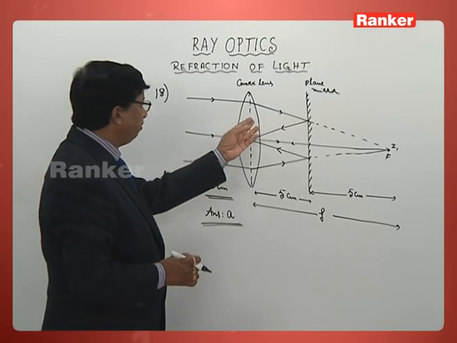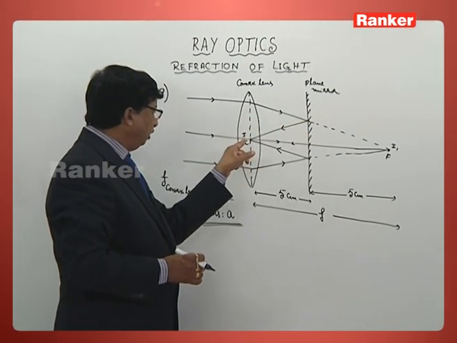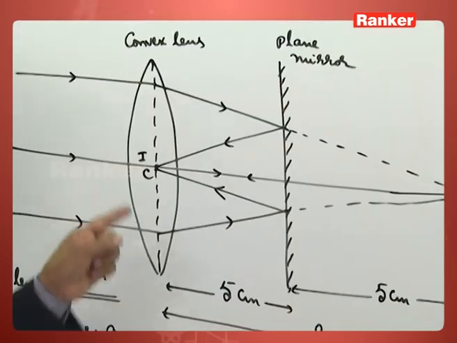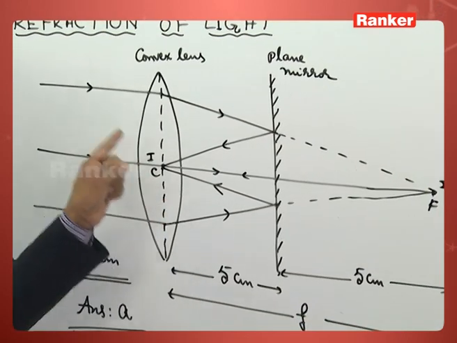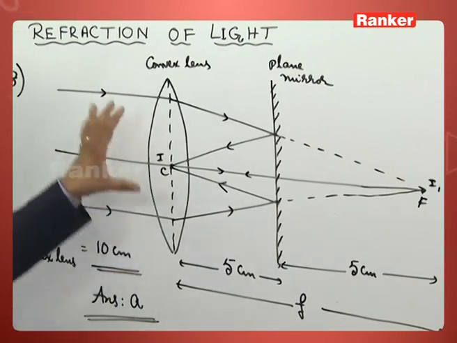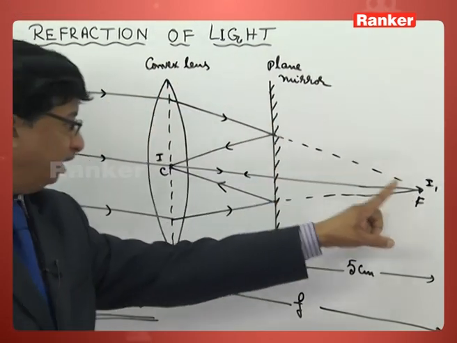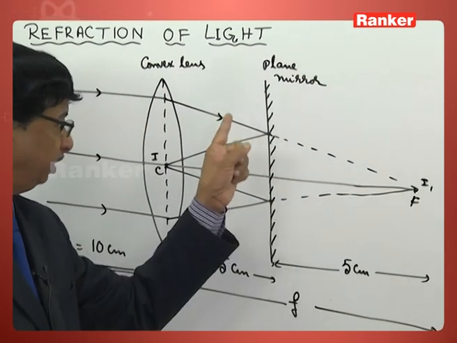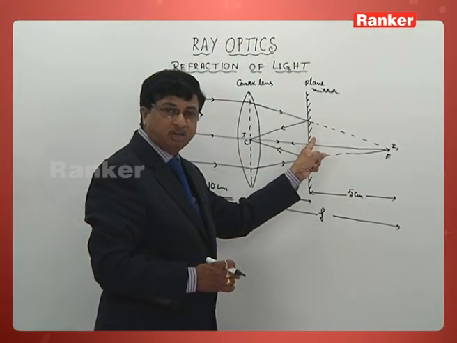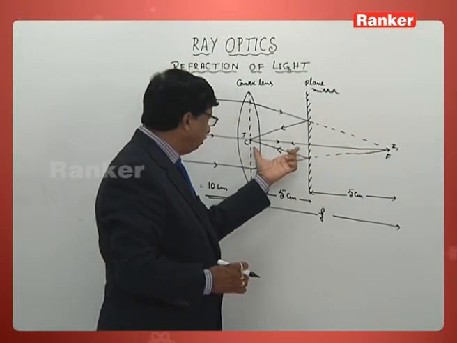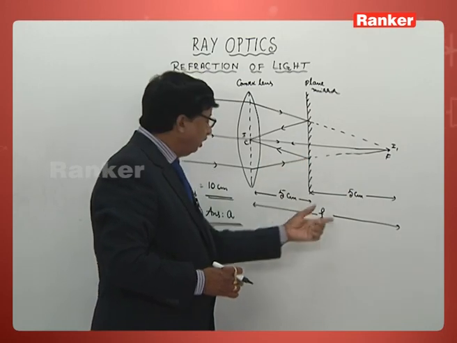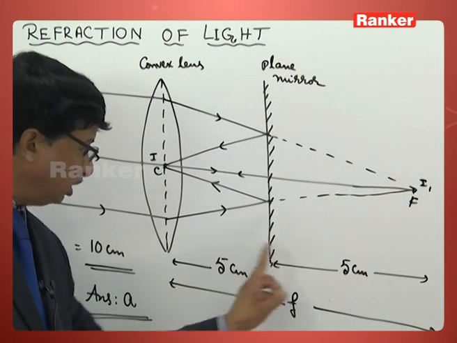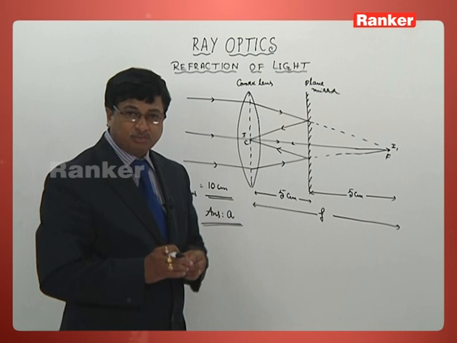Only point you should remember is after reflection, the rays are being converged here. That means that is the final image which is formed as real there. Now the image formed by this one will be here. That image becomes an object for this mirror. So object distance and image distance are supposed to be equal. Therefore, when this is 5 centimeter, that also should be 5 centimeter.